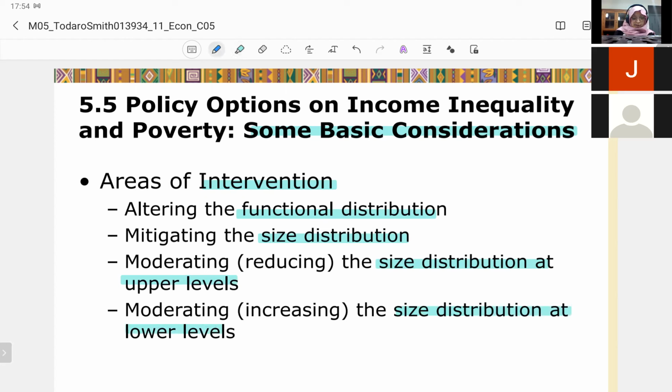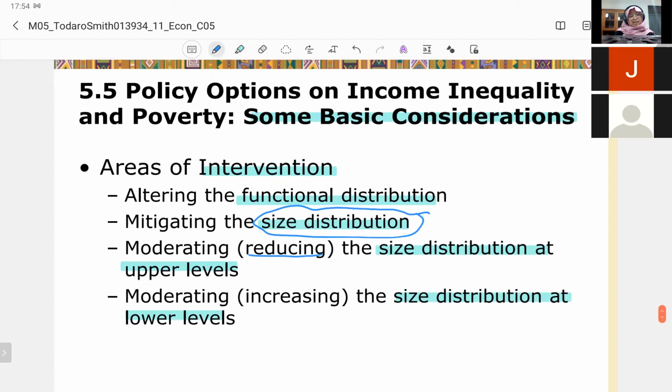You still remember what size distribution is, right? This is where we break down the population in terms of quantiles or deciles. So we can moderate or reduce the size distribution at top level. It means that we have to, not prevent, but moderate, so that the rich people at the top do not staggeringly get richer.